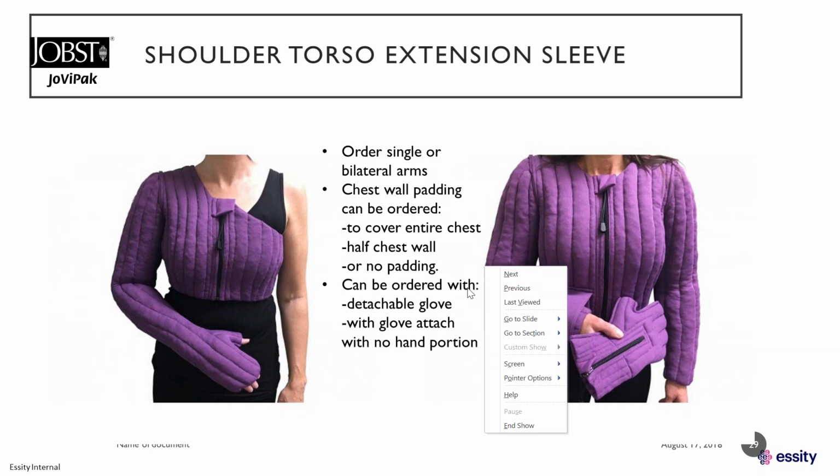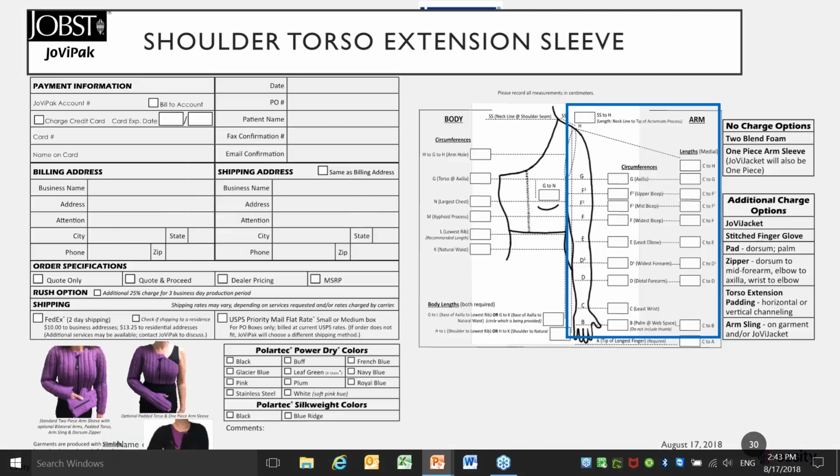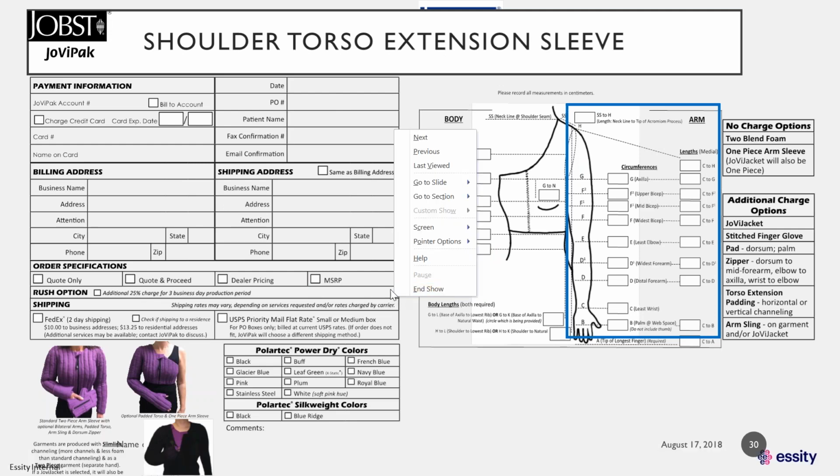Now we're going to go on and talk about the measuring form for this. Many people think this looks somewhat daunting, but let's just take it in sections. You can see that it's really not that complicated. This garment requires measurements for the arm. We certainly need all the lengths and the circumferences that you see here.